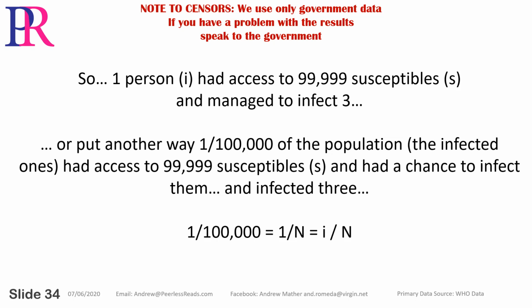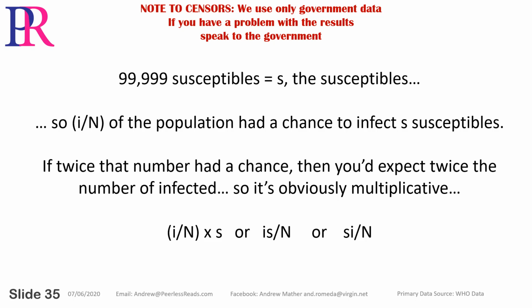Or put another way, 1/100,000th of the population, the infected ones, had access to 99,999 susceptibles, S, and had a chance to infect them, and infected 3. 1 over 100,000 equals 1 over N equals I over N. 99,999 susceptibles equals S, the susceptibles.